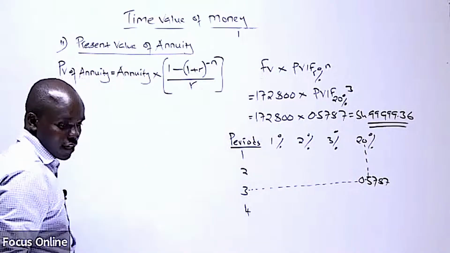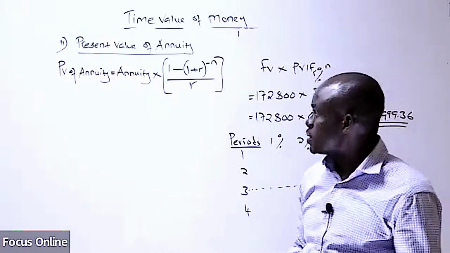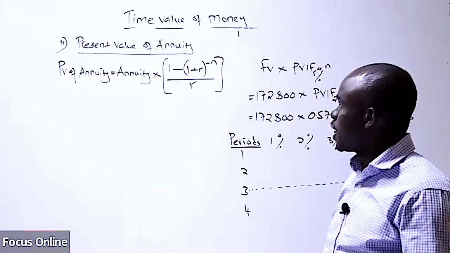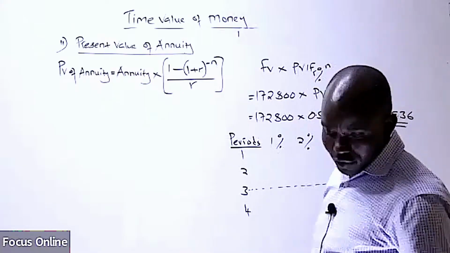Have that: present value of an annuity is equal to the annuity times 1 minus 1 plus r power negative n over r.